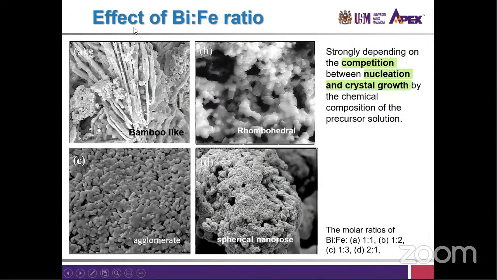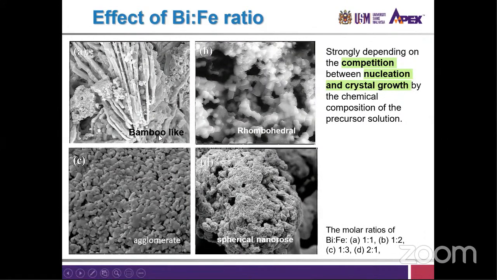And the effect of the bismuth and iron ratio as well strongly depends on the competition between nucleation and crystal growth, determined by the composition of the precursor. You can see the molar ratios of bismuth and iron here: this is 1:1, this is 1:2, bismuth 1, iron 2, and then this is 1:3, and this is 2:1, bismuth 2 and iron 1.